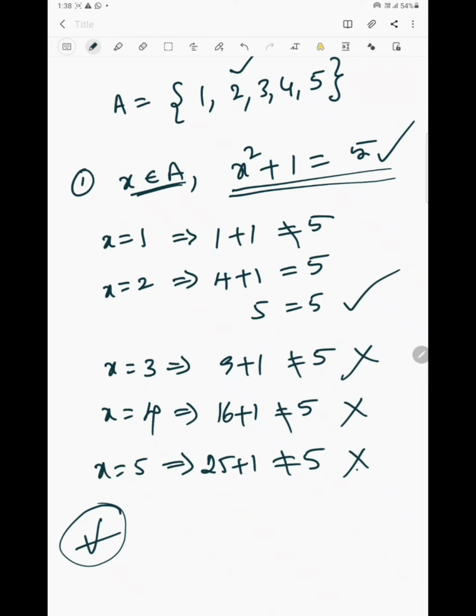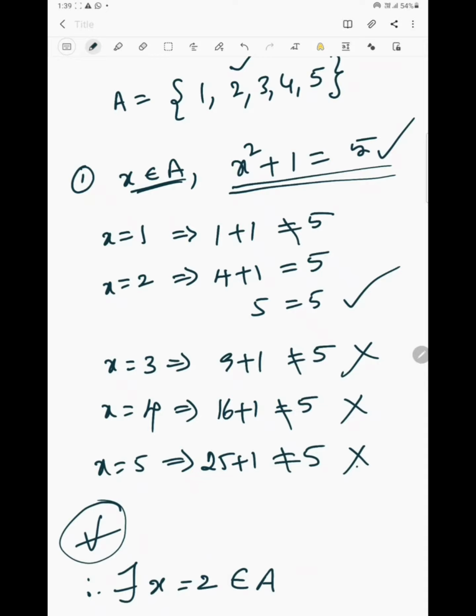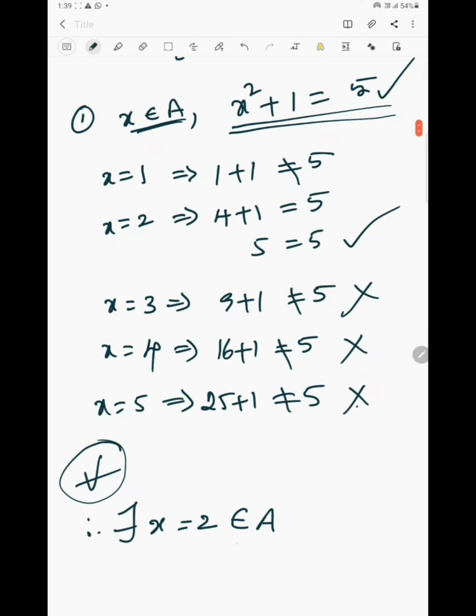Because it is taking only one value. Therefore, there exists x is equal to 2 which belongs to set A, satisfied by x square plus 1 is equal to 5. Therefore, there exists is the quantifier we have to use in this particular case.